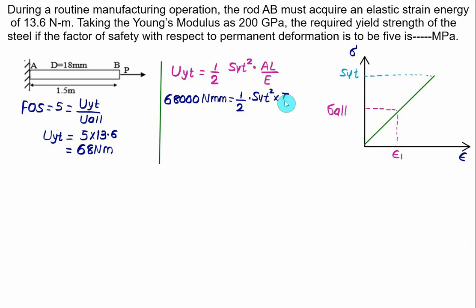So we have pi by 4 d square equal to 18 square, and we have length equal to 1.5, that is 1500, divided by Young modulus, we take in megapascal, 210 to the power 3. So directly this time the value of SYT will come in megapascal, and you will get the value of SYT approximately equal to 267 megapascal.